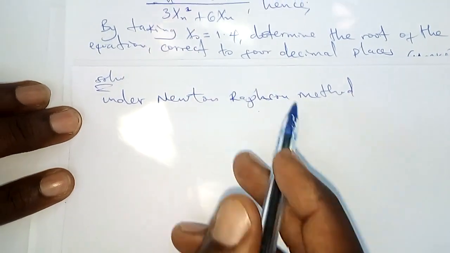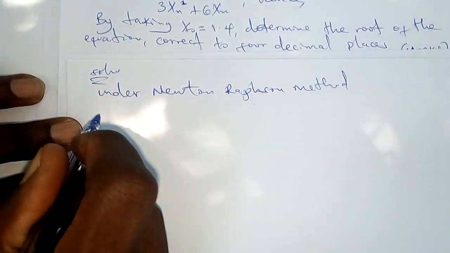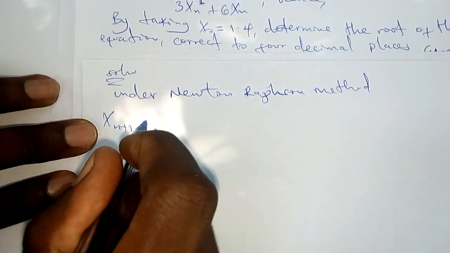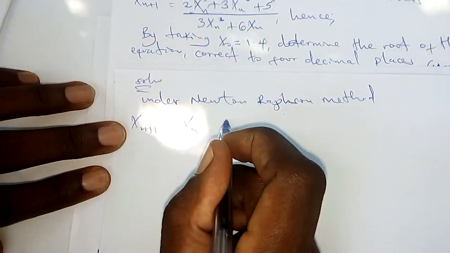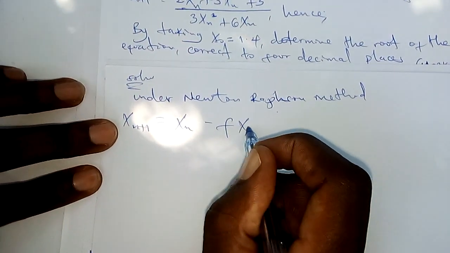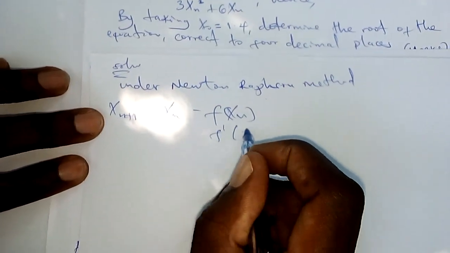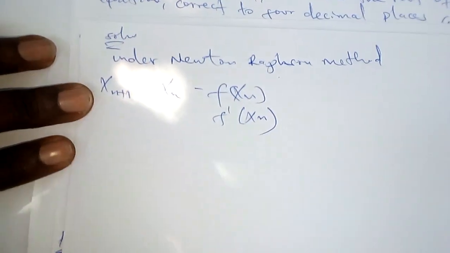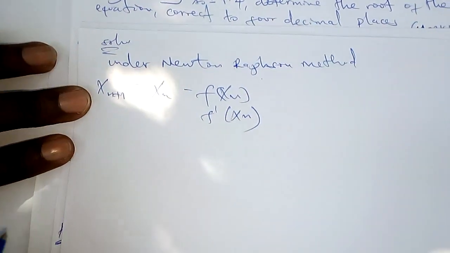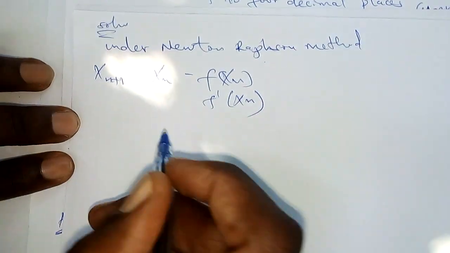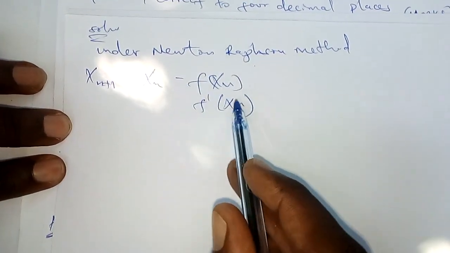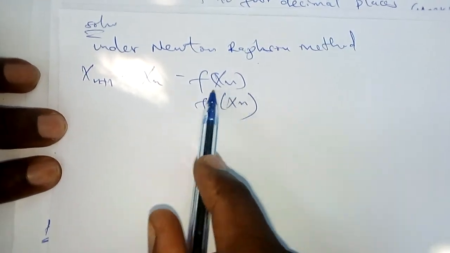And under Raphson method, you have a general formula: xn plus 1 is equal to xn minus fxn all over f prime xn. That is the general formula for Raphson method. Now we are required to find fxn and f prime xn.